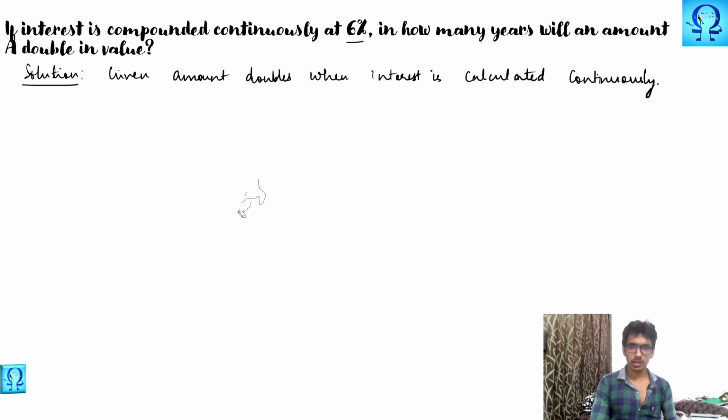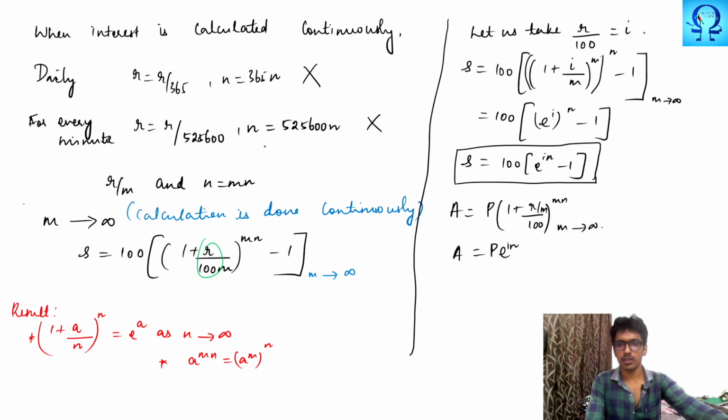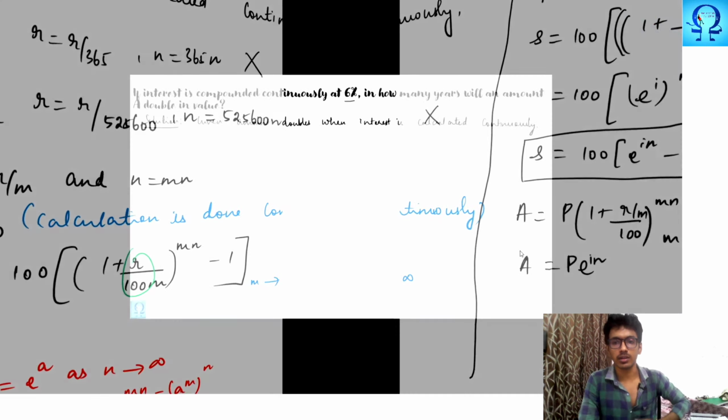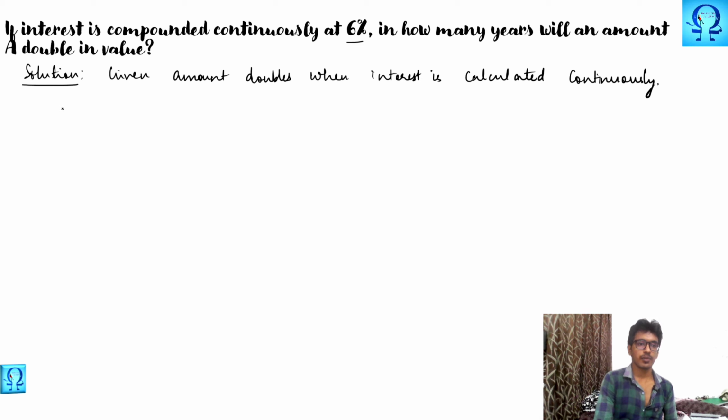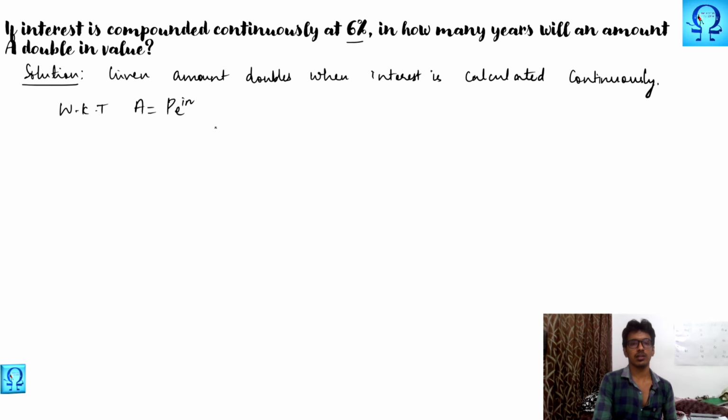Since the calculation is done continuously, we'll have to use the previous formula. The total amount shall be written as principal times e power I n, where I is r upon 100. We know that amount shall be written as principal times e power I n, right?